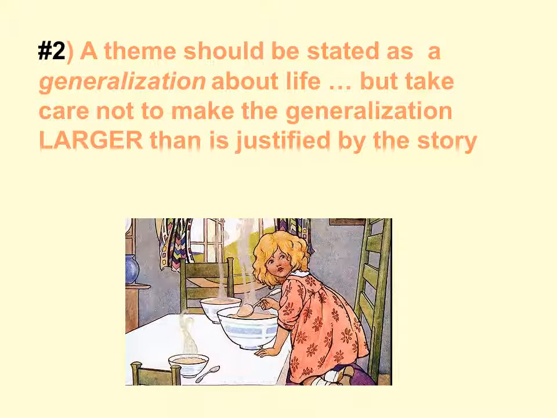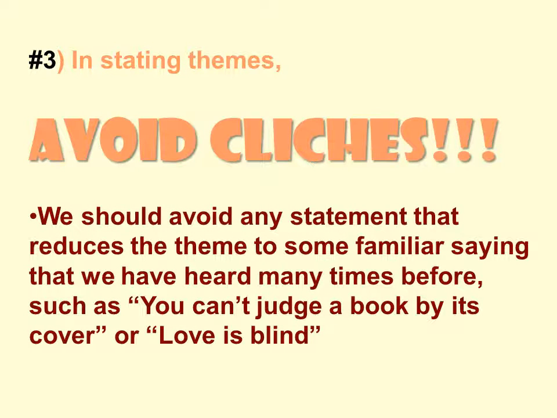You try to shoot for not too narrow, not too broad, just right. The Goldilocks. Shoot for that in expression of theme. A third principle in stating themes: avoid cliches like the plague. No, of course, you want to express original thought.